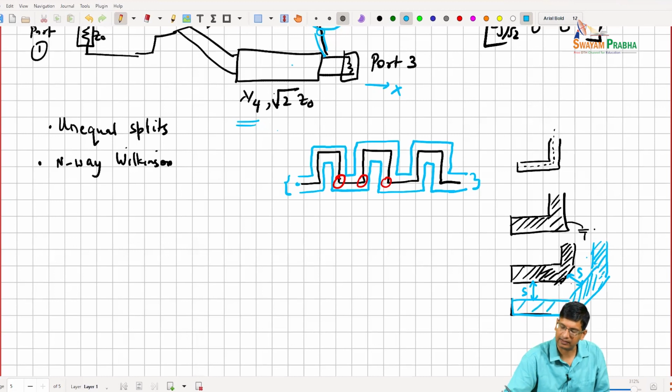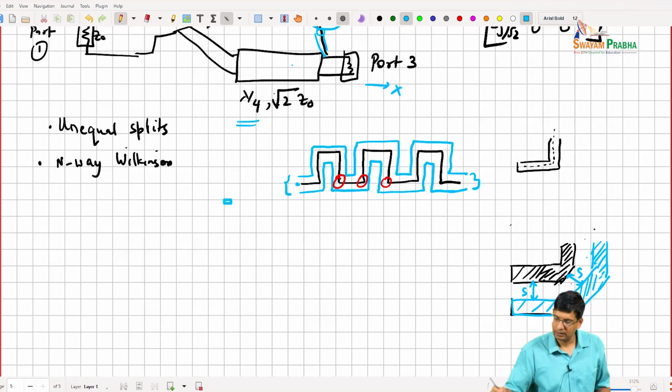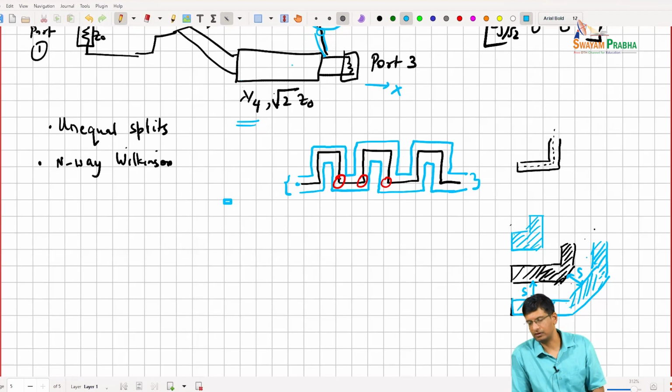The inside transmission line, in this case, if we were to draw it, would look like so. There is a bit of asymmetry in the crowding.